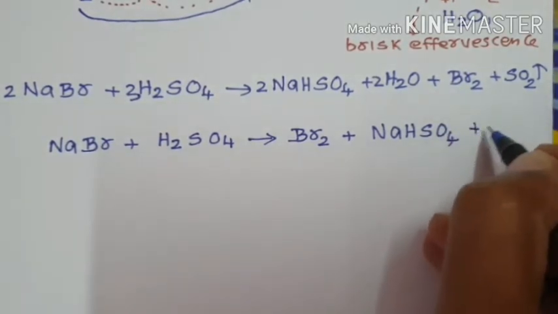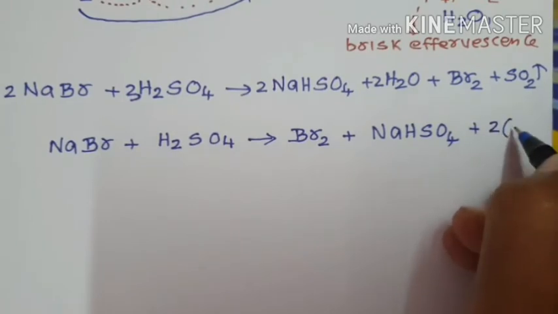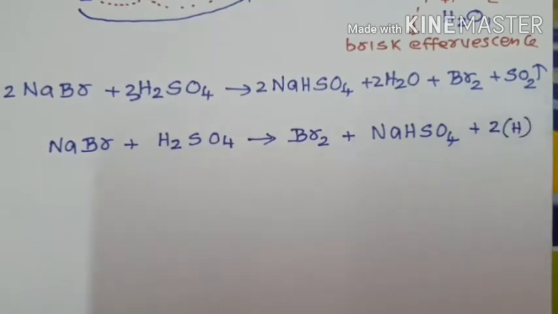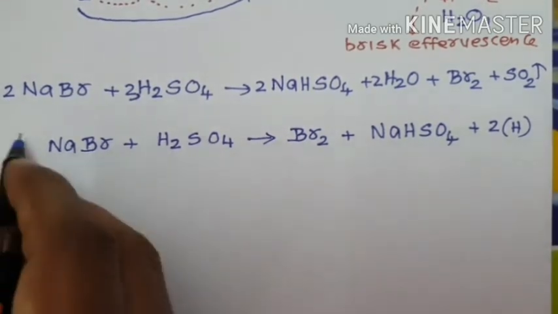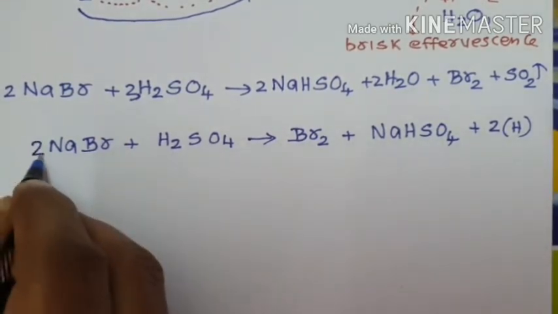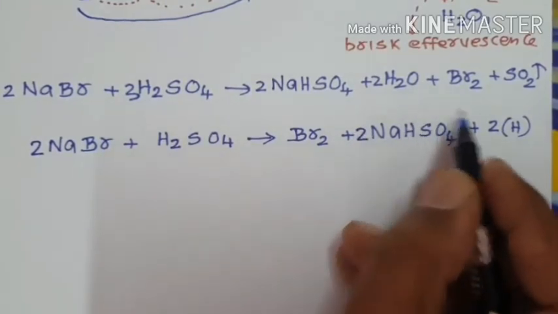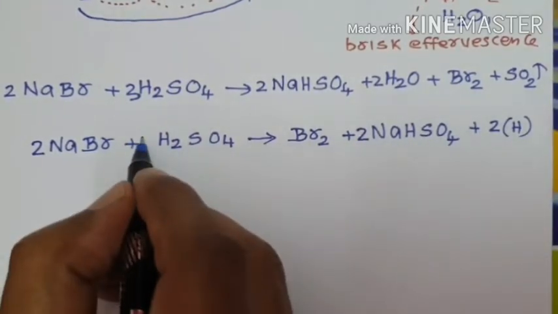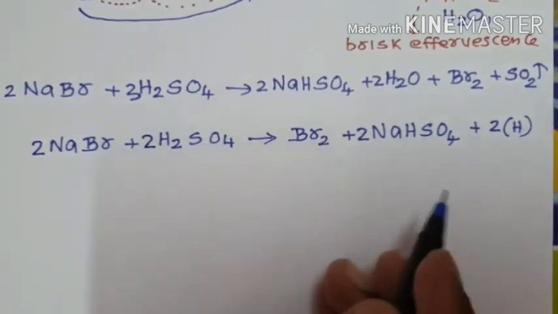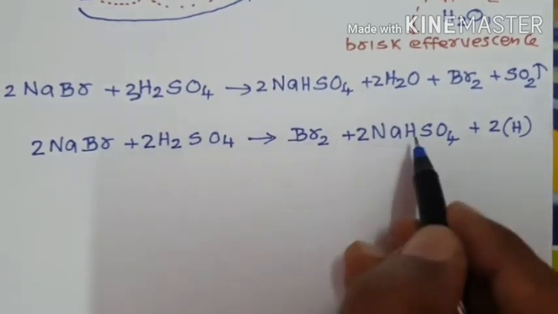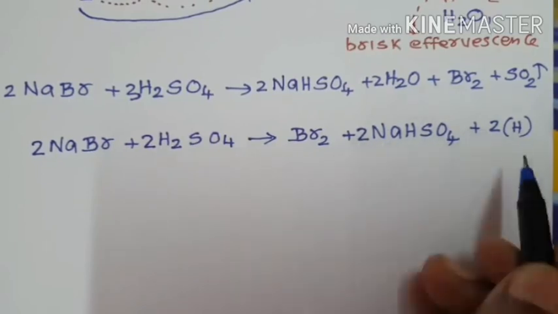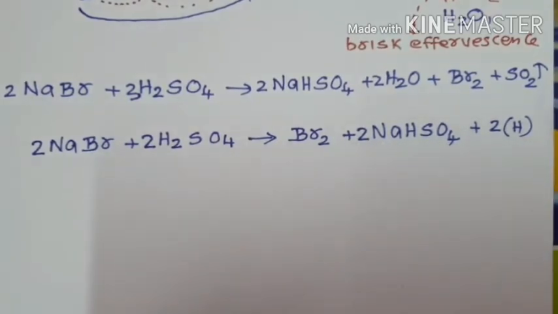Sulfuric acid produces nascent hydrogen. Now balance the reaction. 2 Br, 2 Br. How many sodium? 2 sodium, 2 sodium. How many sulfate? 2 sulfate, 2 sulfate. Hydrogen we have to balance: 2 plus 2 equal to 4 hydrogen. This is the first step.